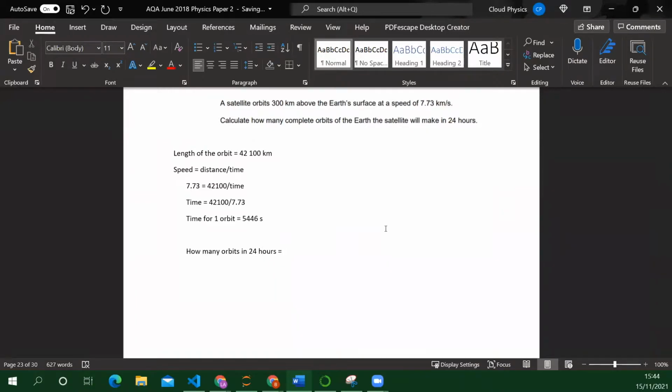So obviously you convert the hours into seconds, which we're doing here. It's 24 times 60 times 60, putting hours into seconds. And divide that by our time for one orbit, 5,446, and that equals 15.86 on our calculators.